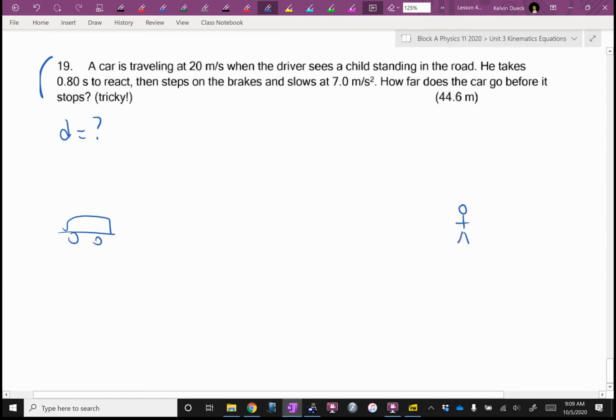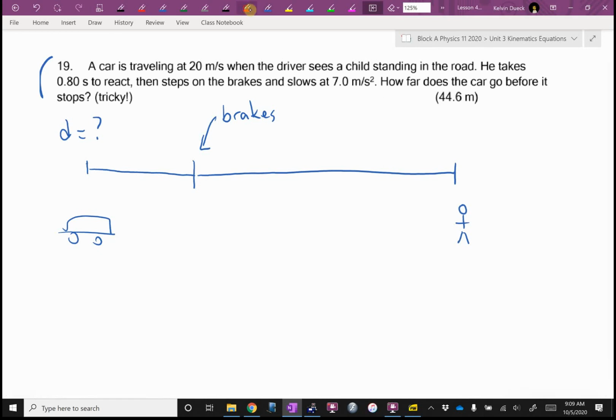Here's what I think is happening: the driver continues going for a certain distance, and then right here is where they hit the brakes. And this section is where they're slowing down. I'll call this distance D1, and this distance D2, because it seems to me there's two sections here: while you're coasting before you hit the brakes, and once you start decelerating.